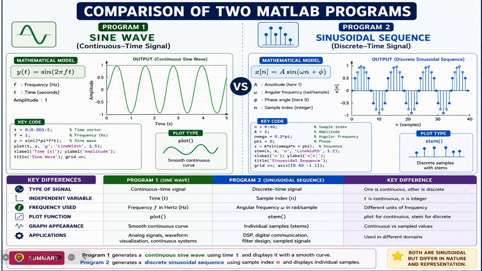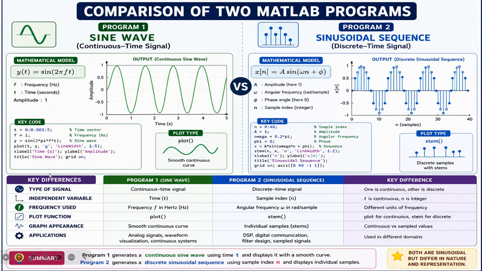Now here, because we are generating two signals, one is a continuous time signal and one is a discrete sinusoidal signal, you can see the comparison of the two MATLAB programs. These are the key differences.